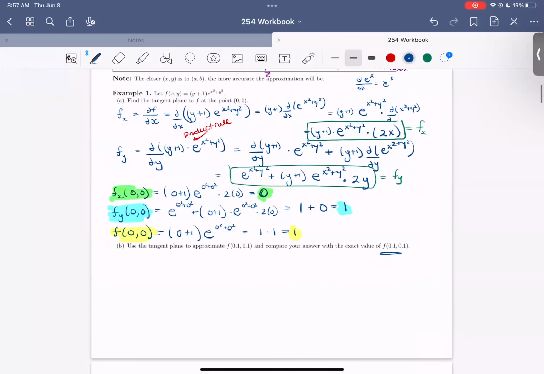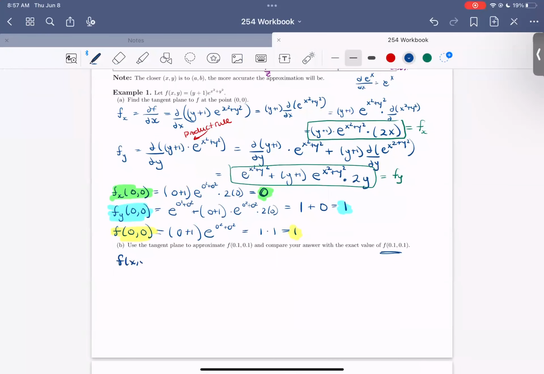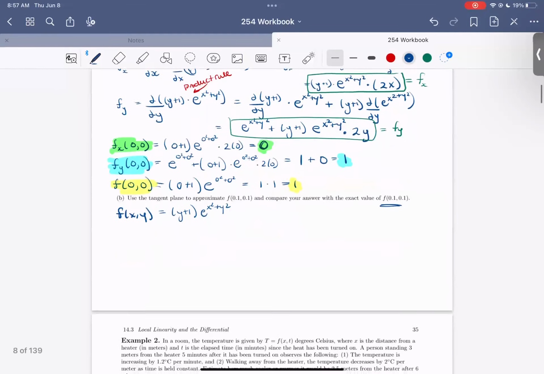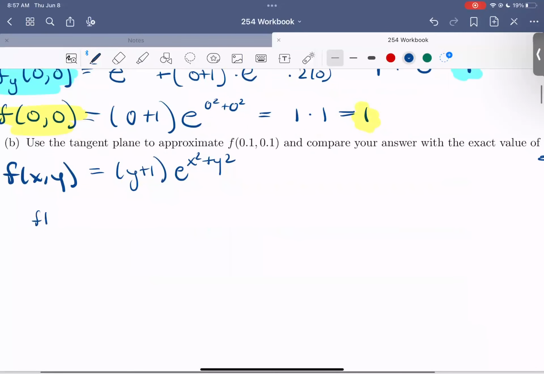So let's go ahead and start with computing that exact value of f at 0.1, 0.1. So recall our function looks like f of x y equals y plus 1 times e to the x squared plus y squared. So the exact value would be f of 0.1, 0.1 would equal 0.1 plus 1 times e to the 0.1 squared plus 0.1 squared.